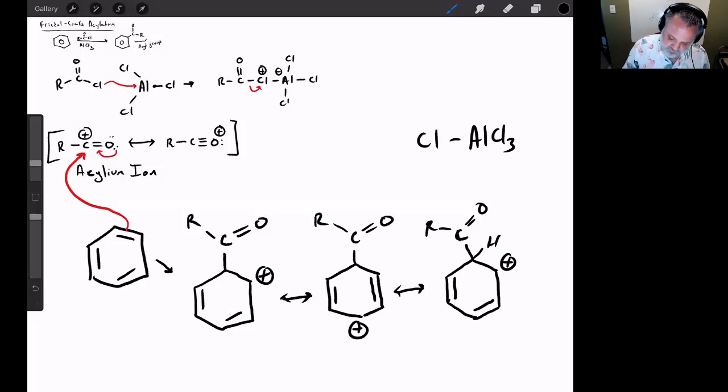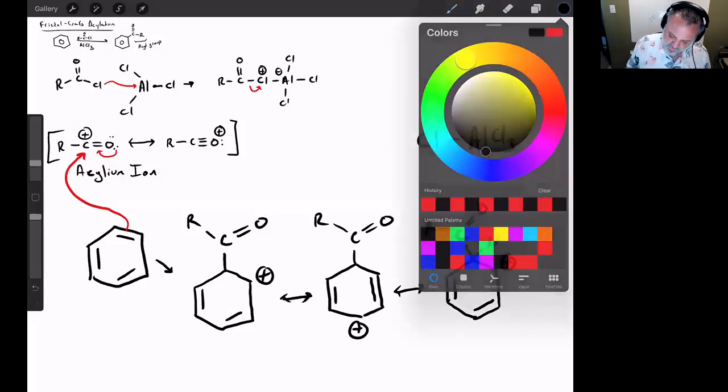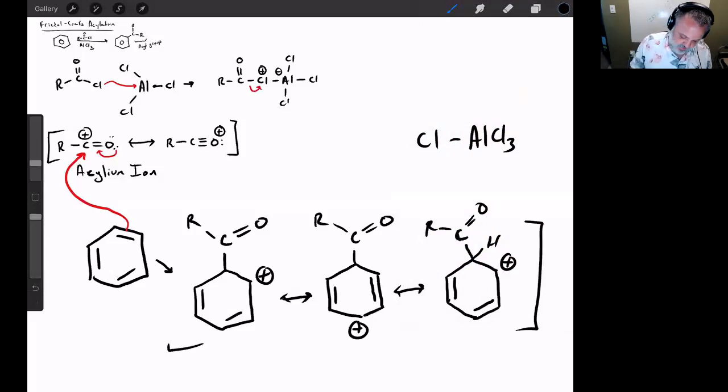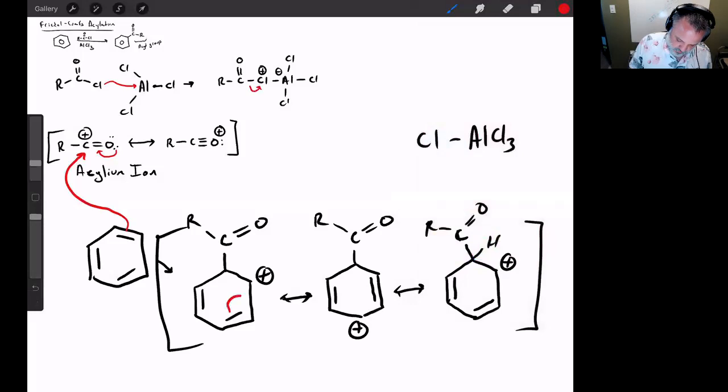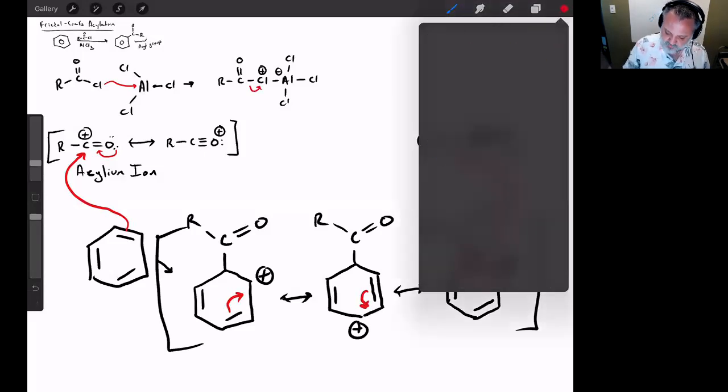And it's still the same thing as it has been for these other reactions that involve AlCl3. I'm going to show this guy here, moving over here. And then I'm going to show this guy reforming the aromaticity.